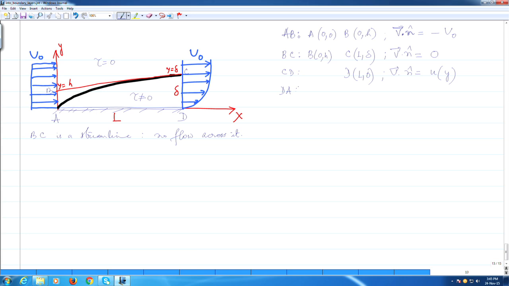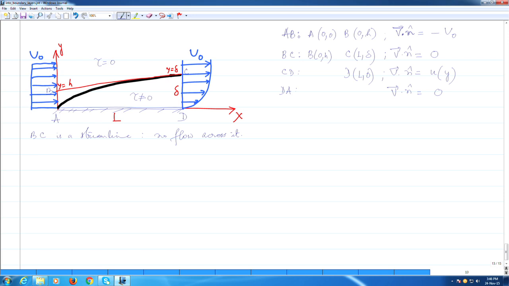And then again we have finally dA. So, we got the coordinates here. Now, this again, the dA is the streamline which is right above the flat plate.